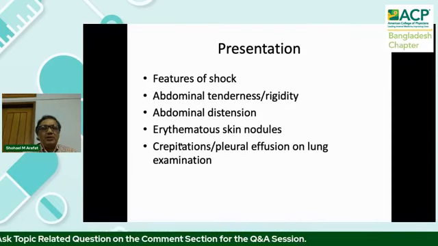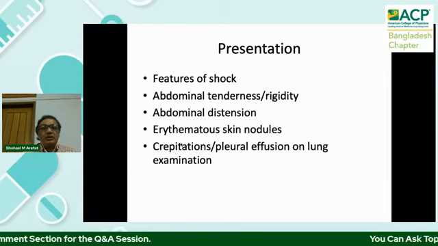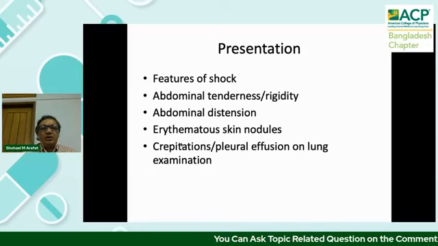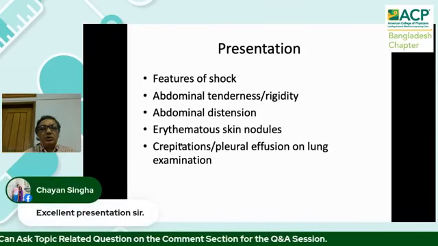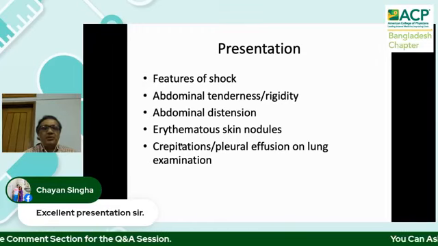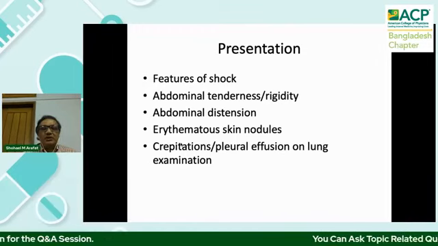On clinical examination, we can find that the patient might present with shock if he comes a little bit late. There is abdominal tenderness, rigidity, distension as well, and sometimes skin nodules due to skin involvement by pancreatic enzymes. On lung examination, we should not miss that sometimes a massive effusion might be present, especially on the left side, sometimes crepitations, even features of ARDS.